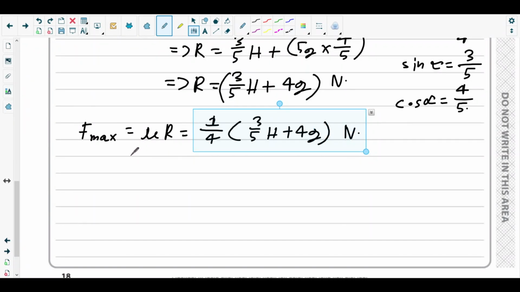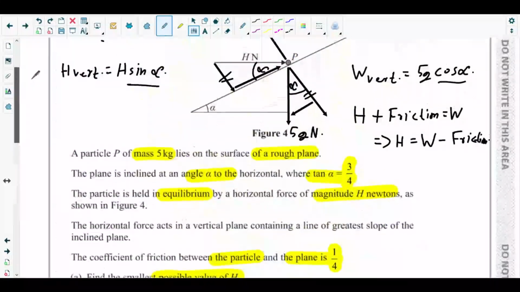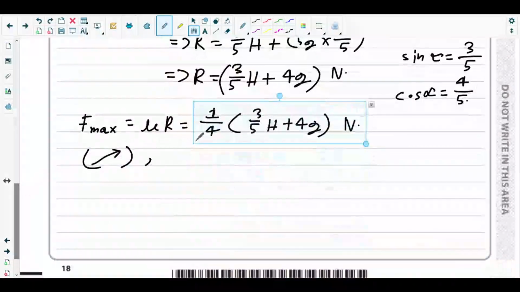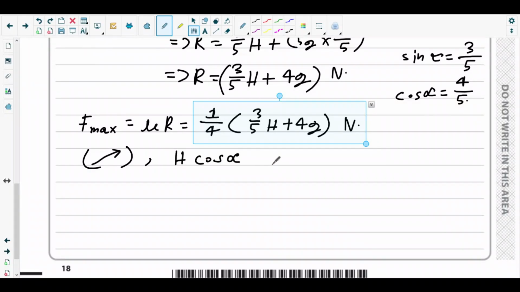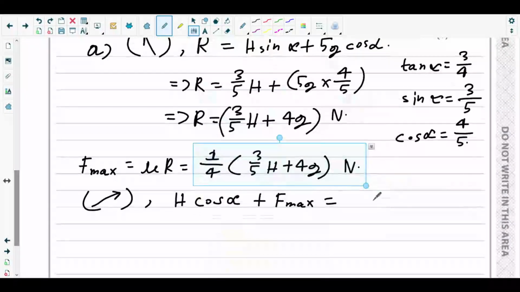Fine. Now we need to resolve the forces along the inclined plane. Up the plane, the horizontal component of h is acting, which is h cos alpha, and friction is acting F max up the plane, because we are considering h is the minimum, so friction must act up the plane. This equals the component of weight down the plane, which is 5g sine alpha.